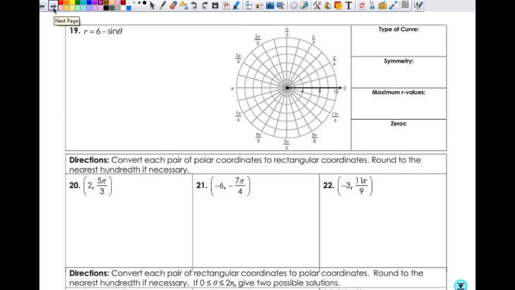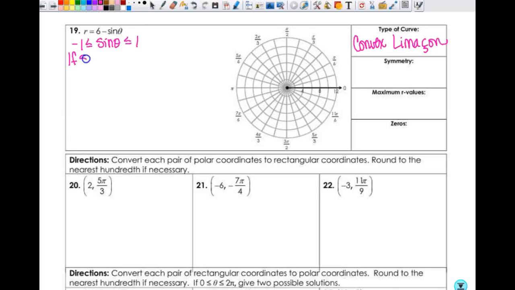All right, number 19. So I need to classify this one. This is a convex limaçon. That means that -1 is less than or equal to the sine of theta, which is less than or equal to 1.